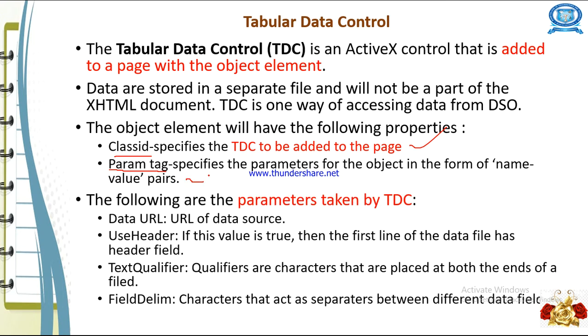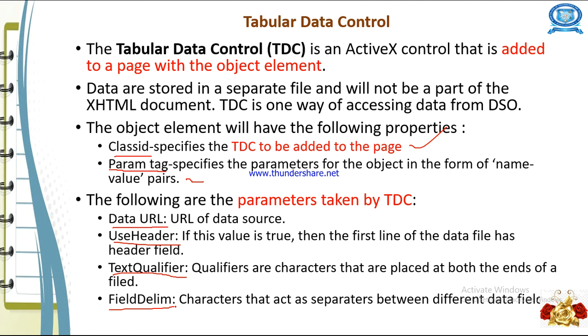Okay. Some of the parameters taken by TDC, the tabular data control: data URL, use header, text qualifier, and field delimiter. Every parameter has some application. Data URL is the URL of the data source. Use header takes a yes or no, true or false value.